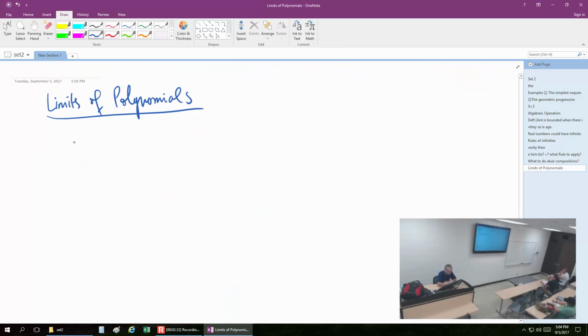So a polynomial looks like this. The power starts at the highest, so assuming that a_p is not equal to 0, it is the leading coefficient.